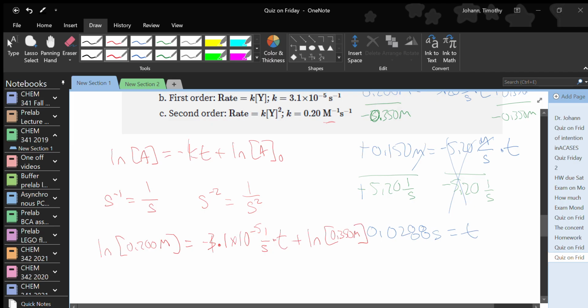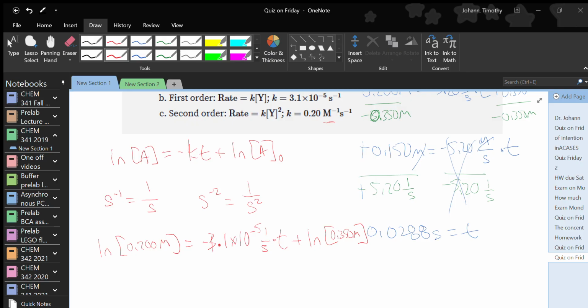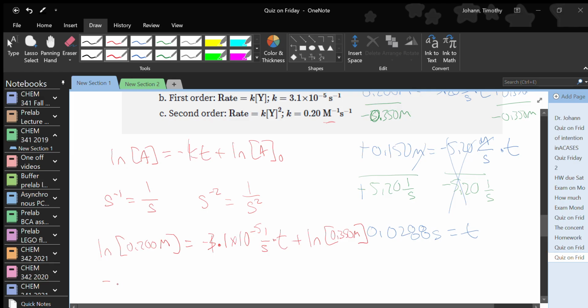Now, the easiest way to solve this: I can't cancel those ln's, I can't pull one over and divide. I'm just going to convert them to numbers that aren't logarithms. The natural logarithm of 0.2 gives me negative 1.61 over here.